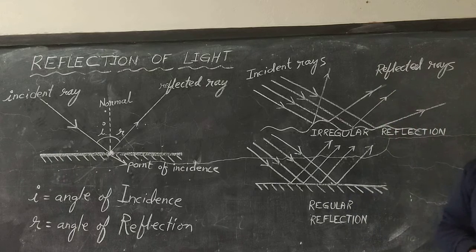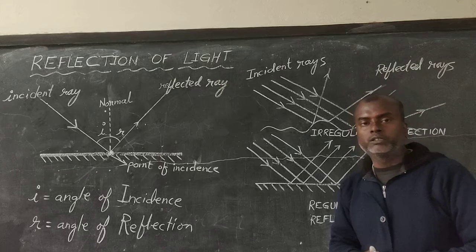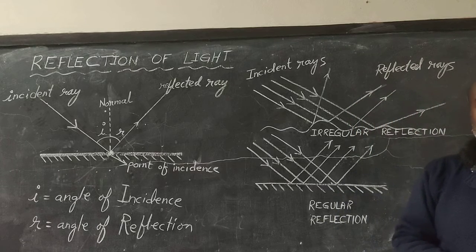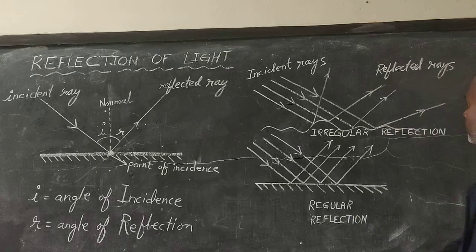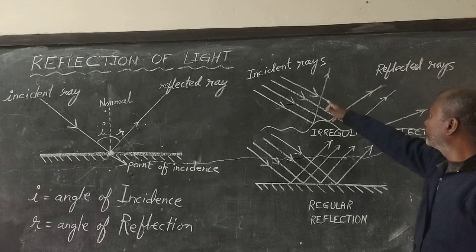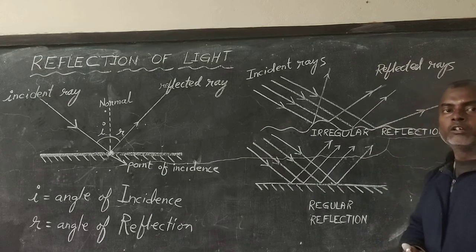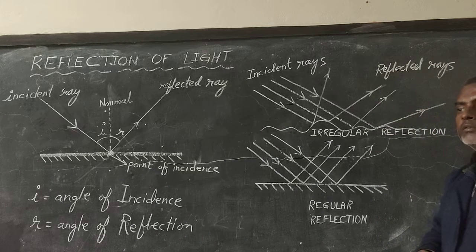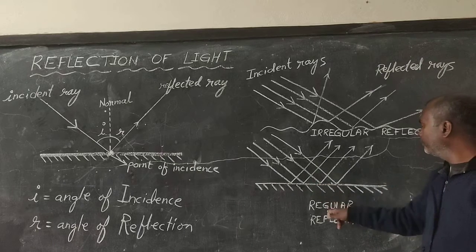But that doesn't happen in case of wall or ground. For wall and ground, the surface is rough. Rough surfaces are irregular surfaces, whereas plane surfaces are regular surfaces. So in a rough surface, the type of reflection will be like this: scattered reflection, irregular reflection, or diffuse reflection. And for a smooth surface, like this, we have regular reflection.